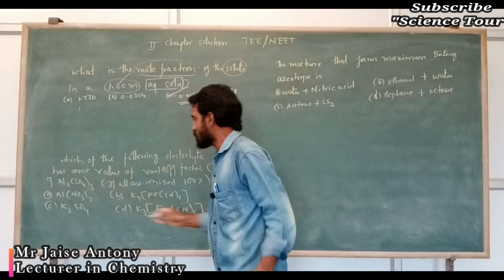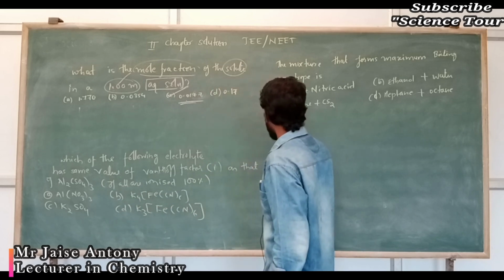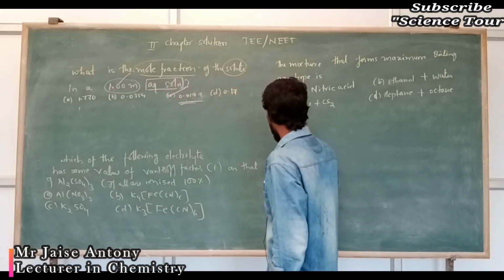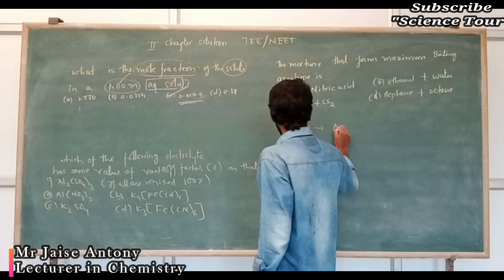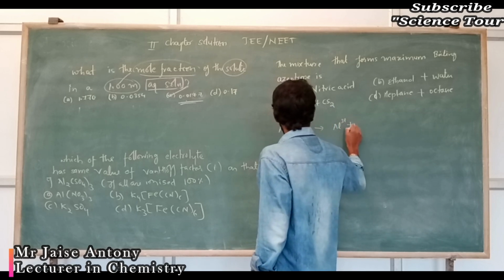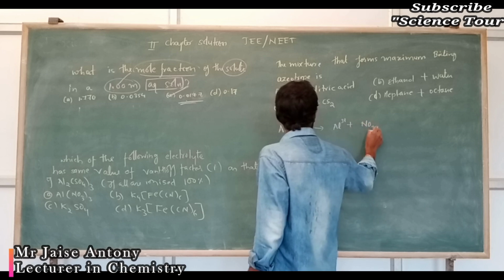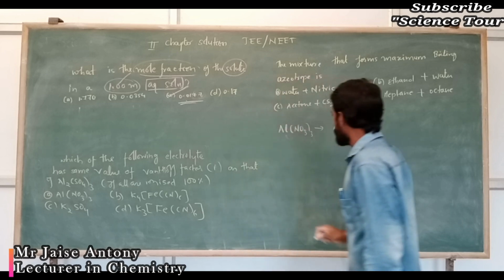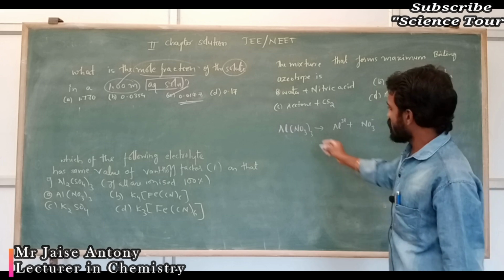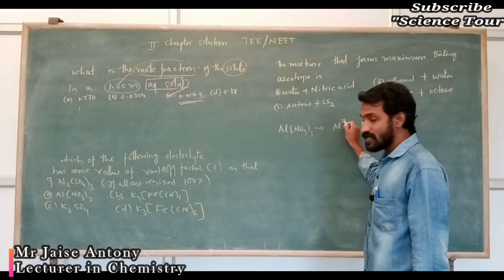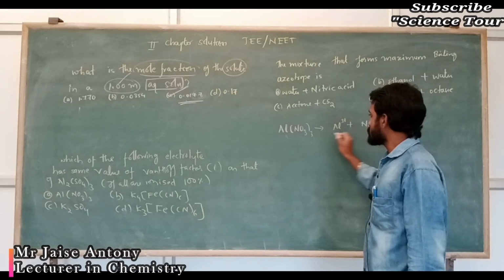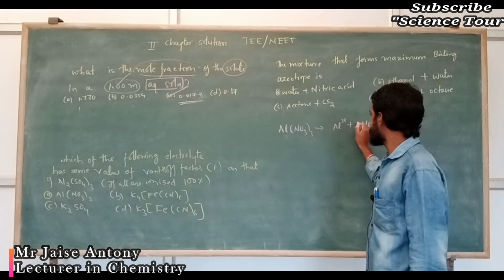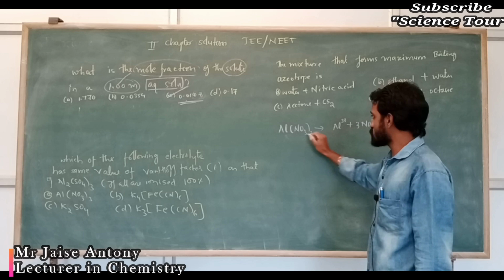Okay students, now you check aluminum nitrate. Aluminum nitrate dissociates and gives Al3+ and nitrate NO3-. Here how many oxygens, nitrogen is there? 3, that means 3 into 3, 6 oxygen.